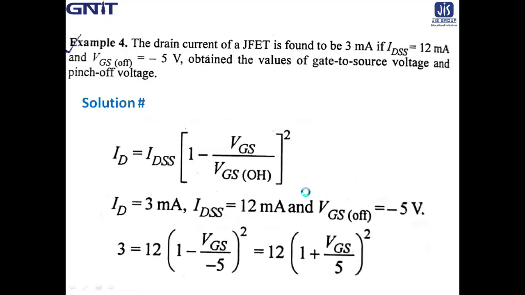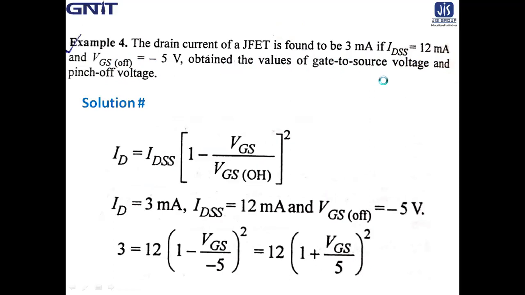Next, I move to a problem. This type of problem naturally comes in the semester examination. The drain current of a JFET is found to be 3 milliampere if IDSS is 12 milliampere and VGS off is minus 5 volt.